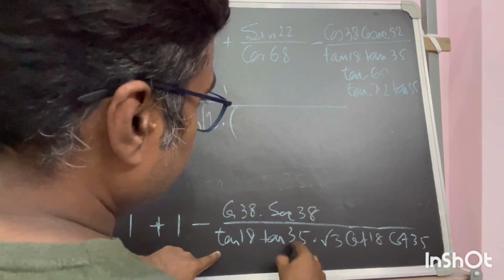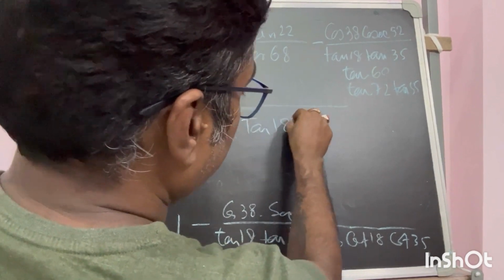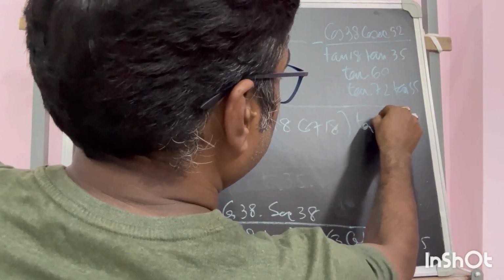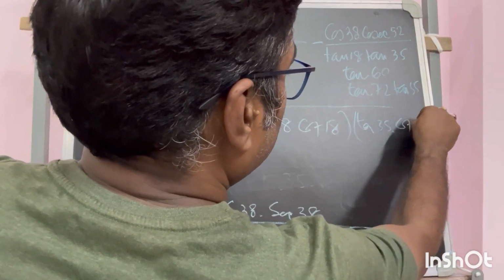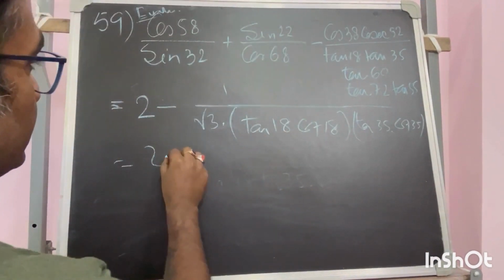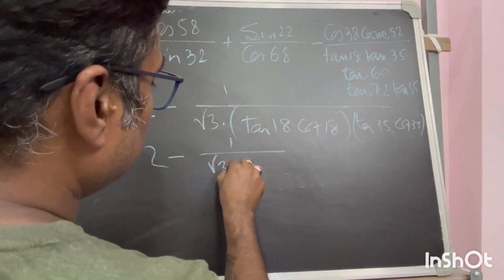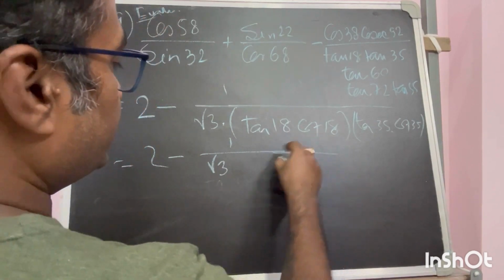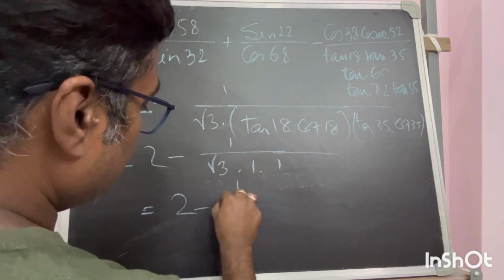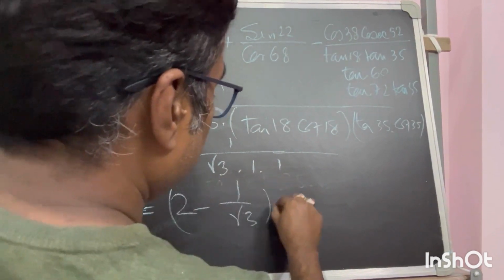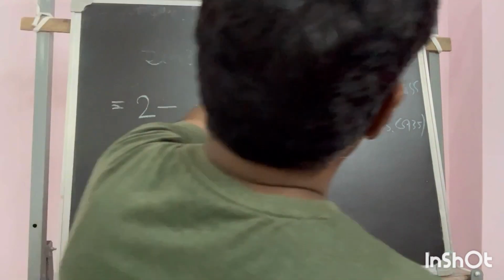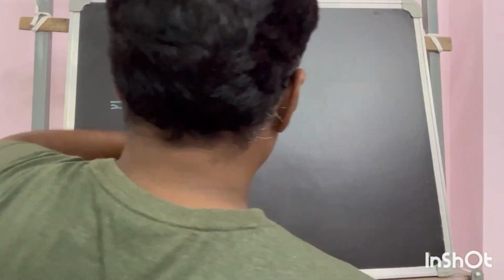Tan 18 cot 18 is 1, and tan 35 cot 35 is 1. So we get 2 minus 1 by root 3. This is your answer for this question. Understood? Okay, moving to 60.